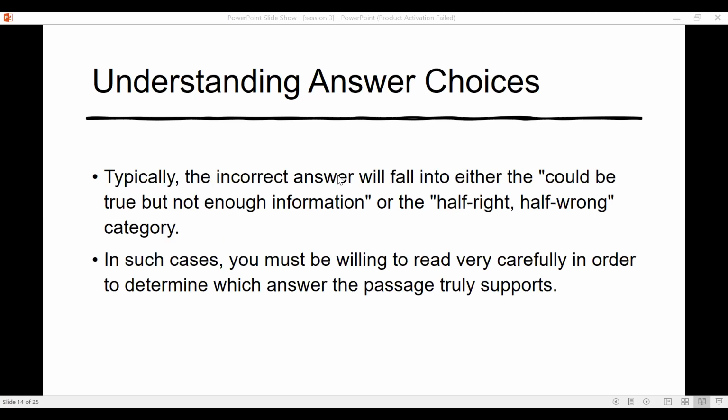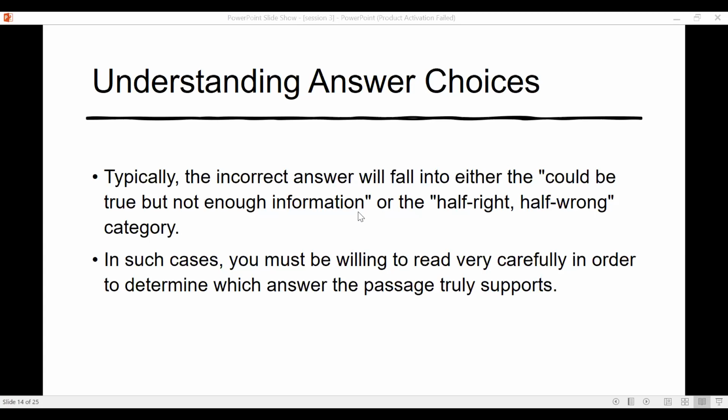Typically, the incorrect answer will fall into either the could be true but not enough information category, or the half right, half wrong category. These are the types of incorrect answer choices that can be problematic, because sometimes you are intimidated by having half of the answer choice relatable to something stated in the passage, but you are not sure about the rest of it.